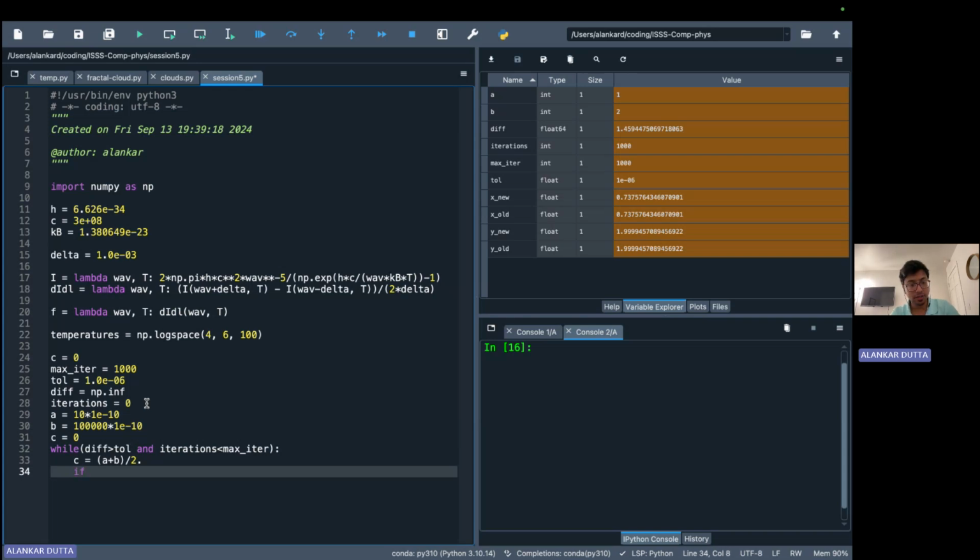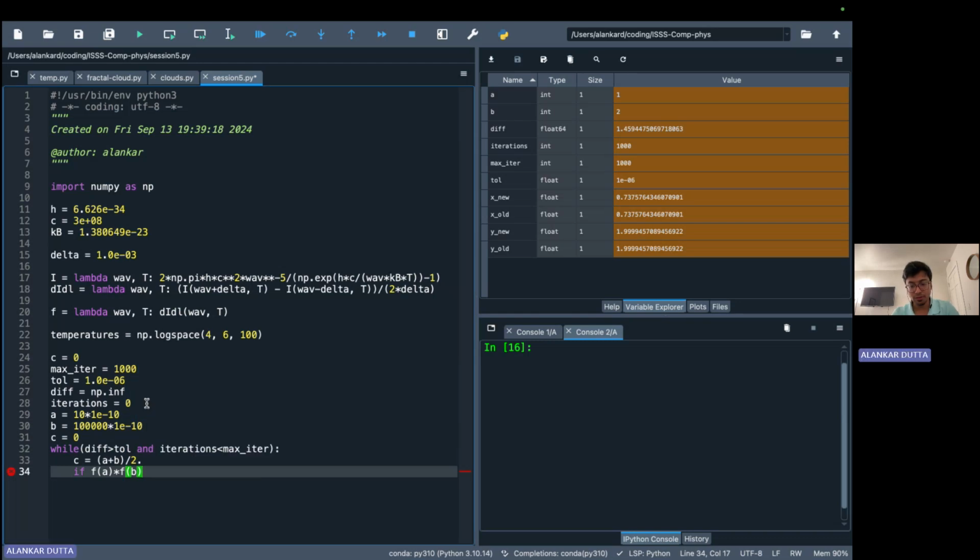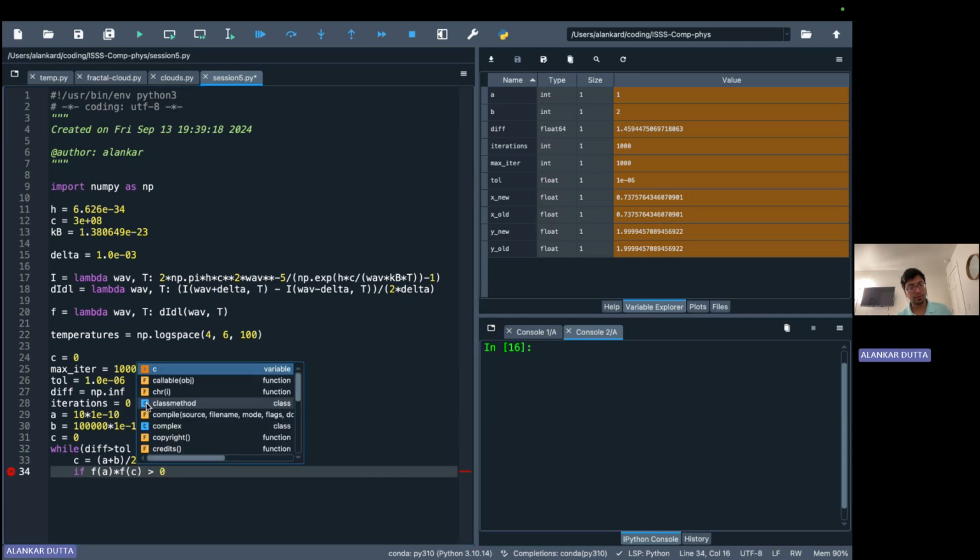So we consider if the function f of A times f of C is greater than 0, right? So we are going to compare C. We know that if f of A and f of C product is greater than 0, then that would mean that A and C have the same sign, right?